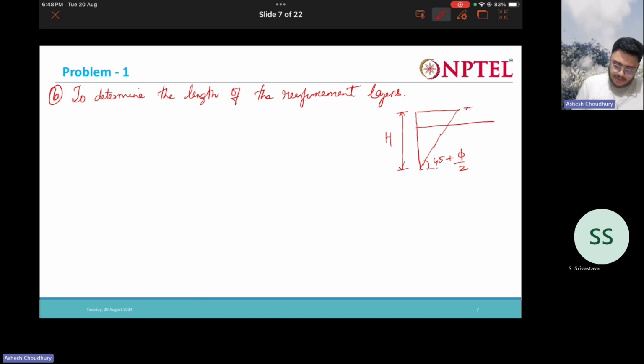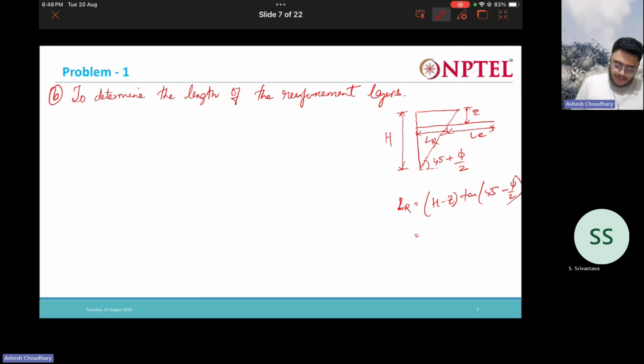At any depth z, let us call this distance LR, and this distance the embedment length, LE. Now this LR you can determine from the geometry.